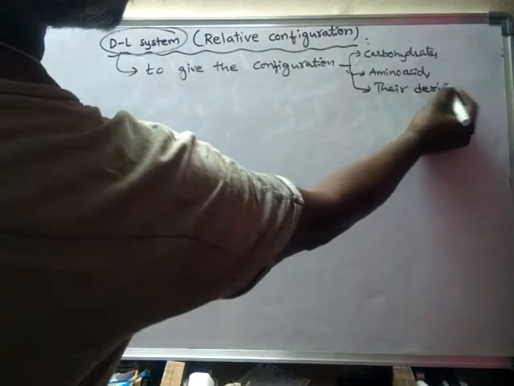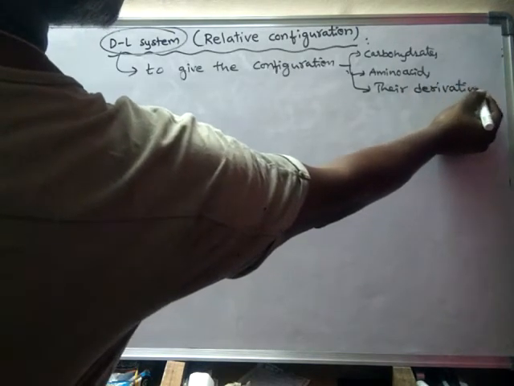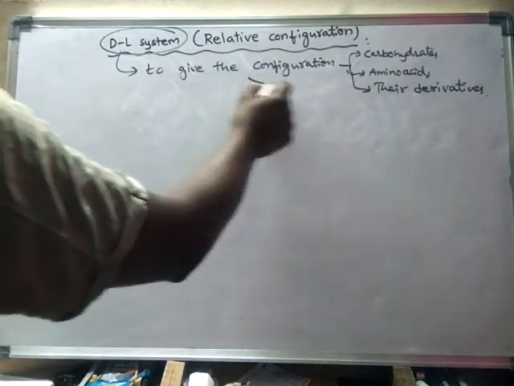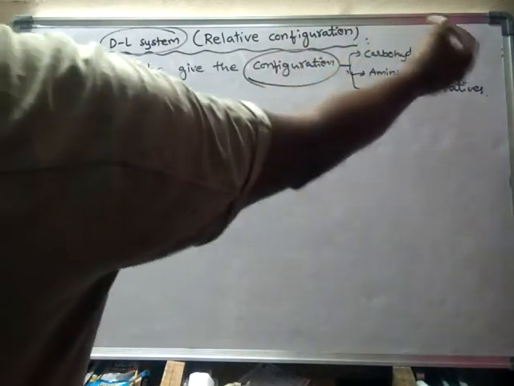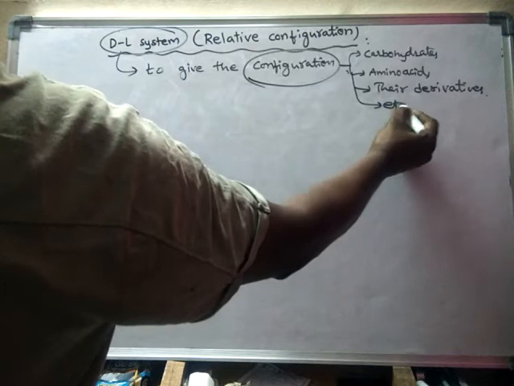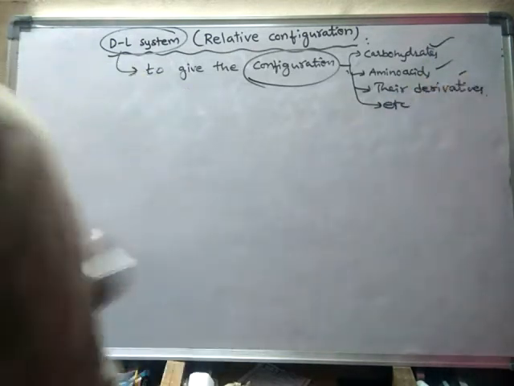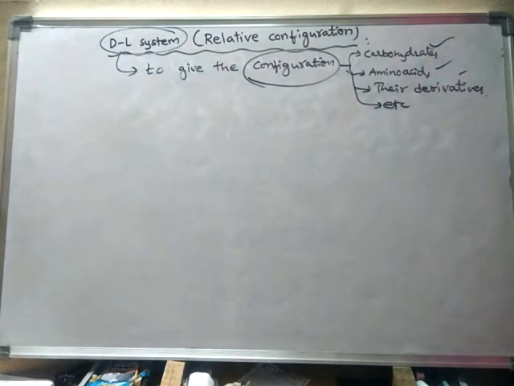So these are the main things: carbohydrates, amino acids, and their derivatives.